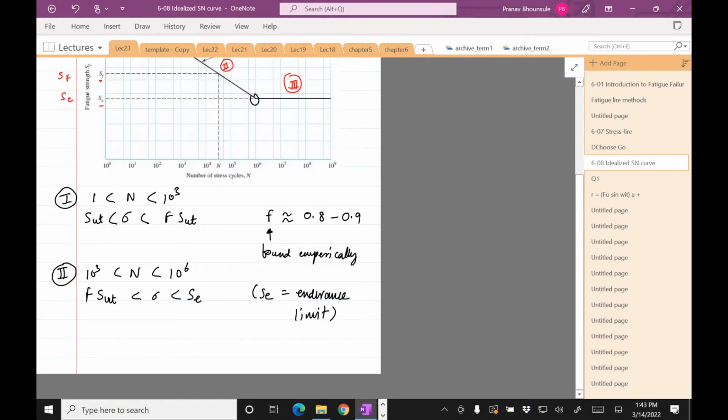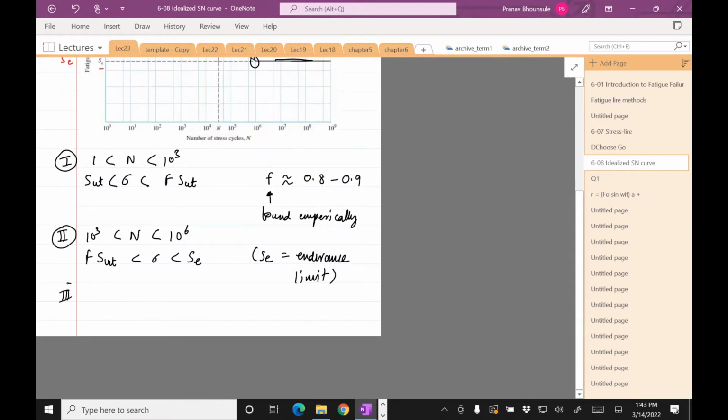You won't have a failure in this region 3. So 3 is n greater than 10 raised to 6.